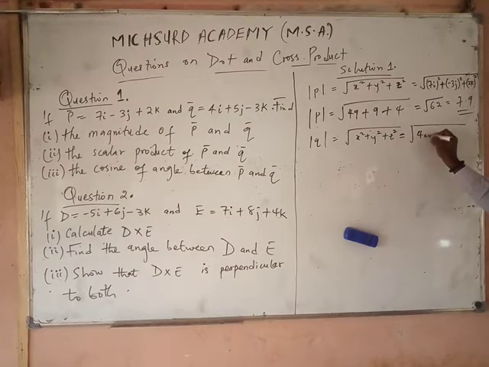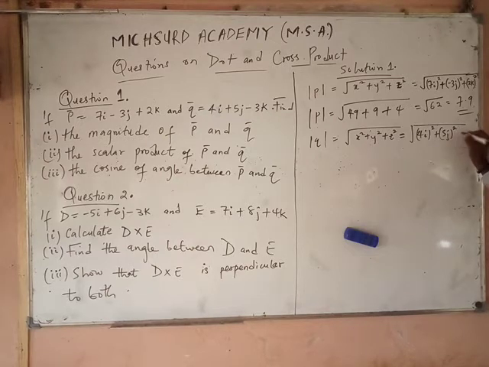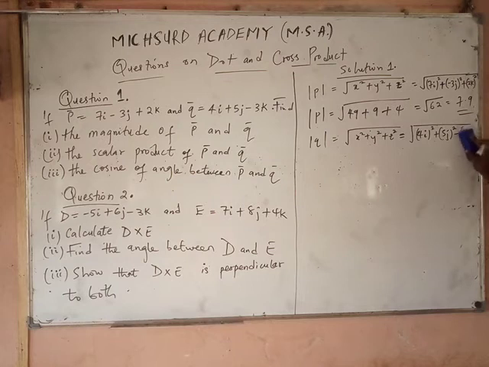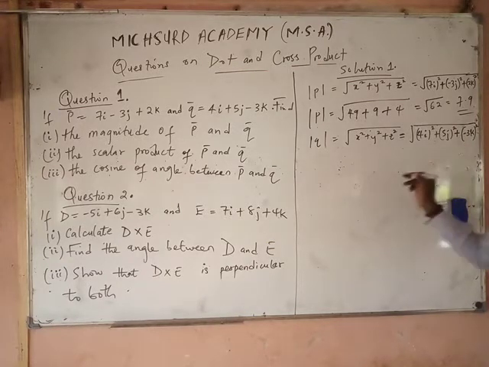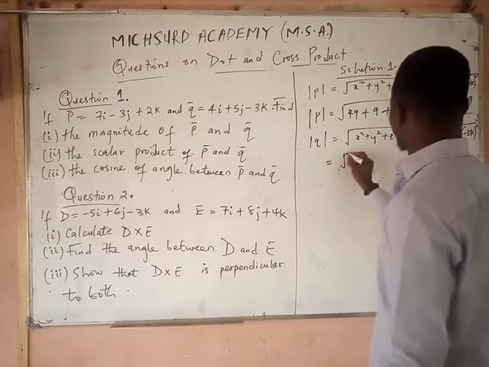We have 4i all squared plus 5j all squared. Now take note, I'm not writing minus 3k all squared, this is wrong. I first of all do this, add up, then take the unit vector and square. Is that okay? Alright.